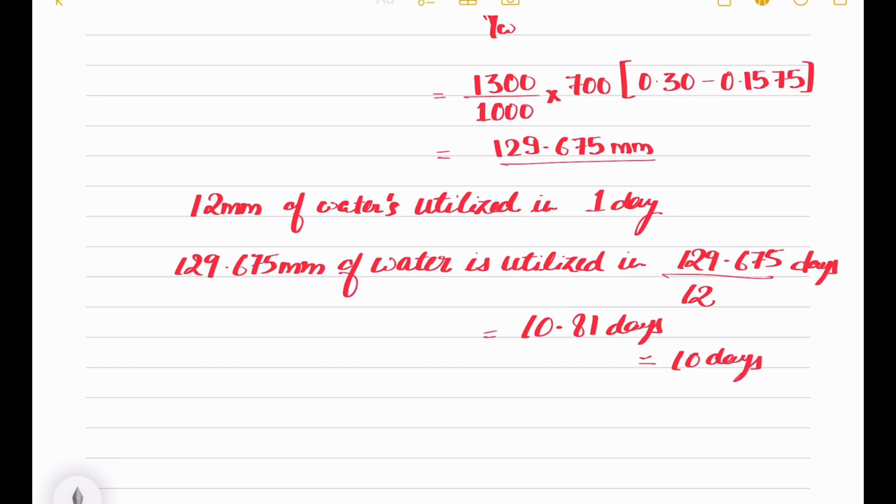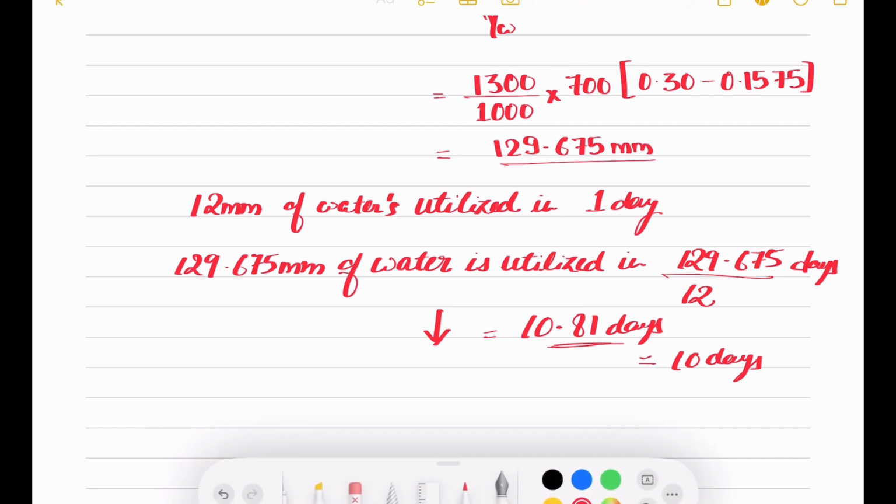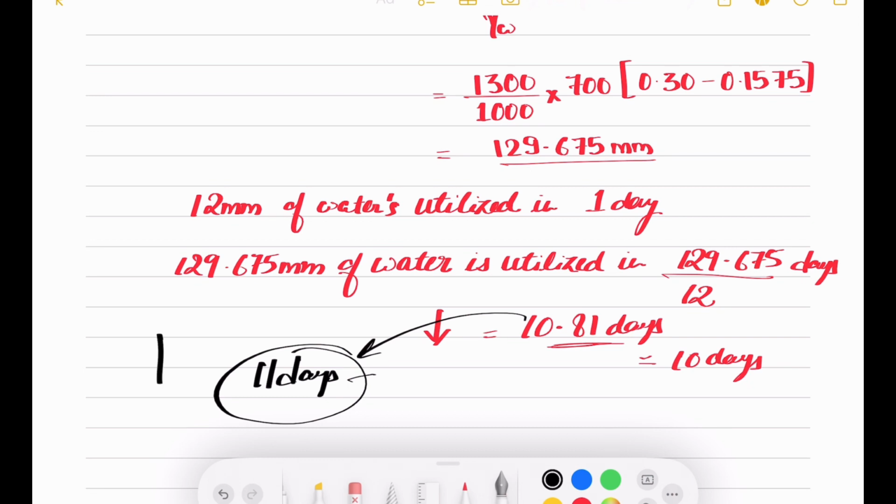Why we have not taken 11? Because before the 11th day, the depth of water will get reduced, right? So it's better to provide water early than providing water late. If we had rounded off to 11 days, this would have meant that the water has to be provided after 11 days, but by that time the depth of water would have reduced from the readily available moisture content, right?